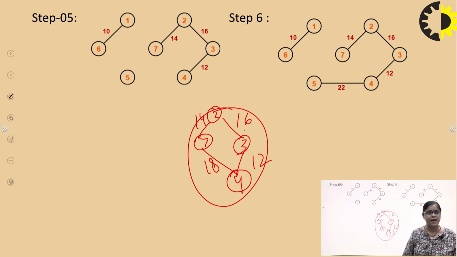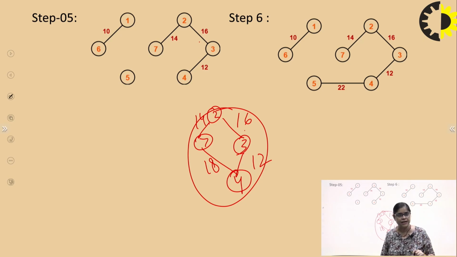So that's why I am discarding the edge between 7 and 4 whose weight is 18, and I connected the edge whose weight is 16, between 2 and 3.